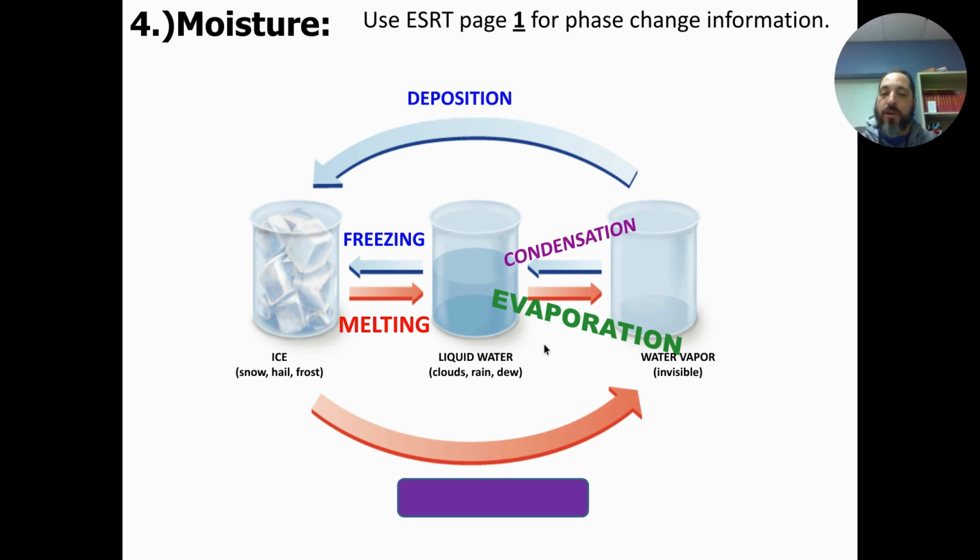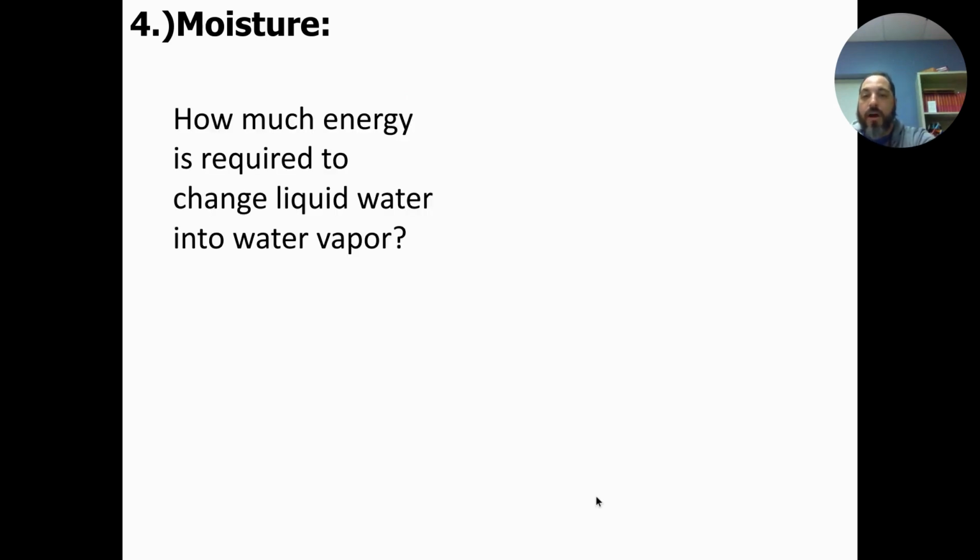Two you might not be aware of. Deposition, that's where we go from a vapor all the way to a solid. We skip the liquid phase. And then sublimation, that's when we go from a solid phase all the way to a gas phase. All right, so how much energy is required to change liquid water into water vapor? That's 2,260 joules per gram.